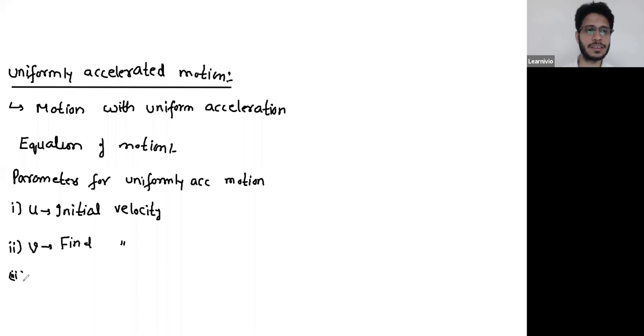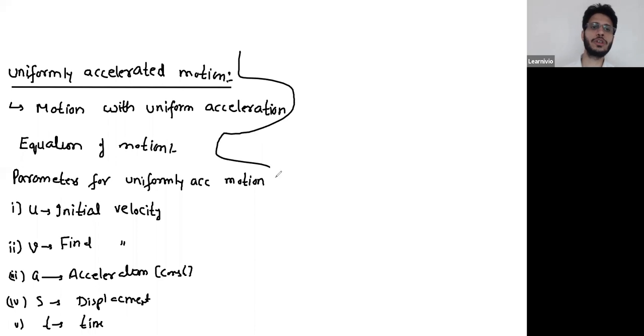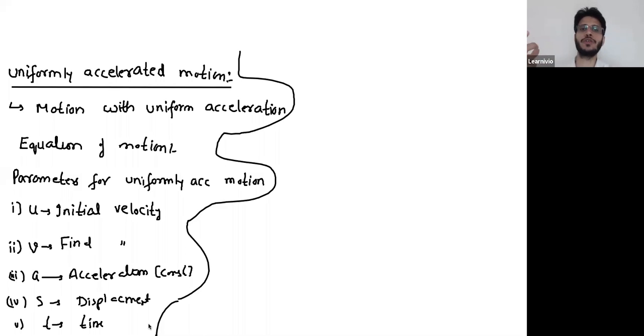The third parameter is acceleration, which is constant. It doesn't change during motion. The fourth parameter is displacement. And the fifth parameter is time. To study uniformly accelerated motion, you need these 5 parameters. To relate these parameters, we write 4 equations of motion.